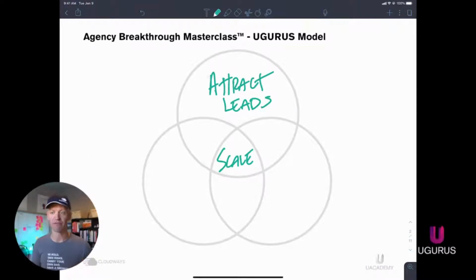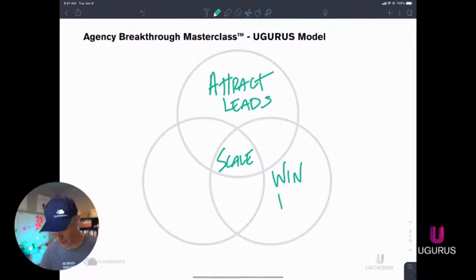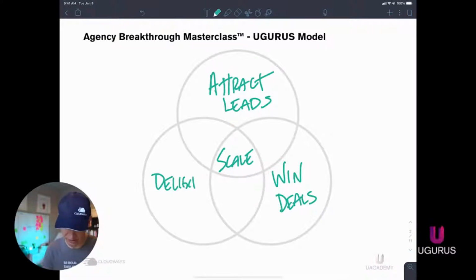If you're surviving off of referrals and word of mouth right now, that is a problem, because sometimes referrals and word of mouth dry up, or maybe you're not even attracting the right kinds of leads. So we want to help you attract quality leads. Once we do that, we need to figure out how to win those people into deals, into projects, into revenue and income for your business. Once we win a deal, we need to figure out how to deliver and delight our clients.